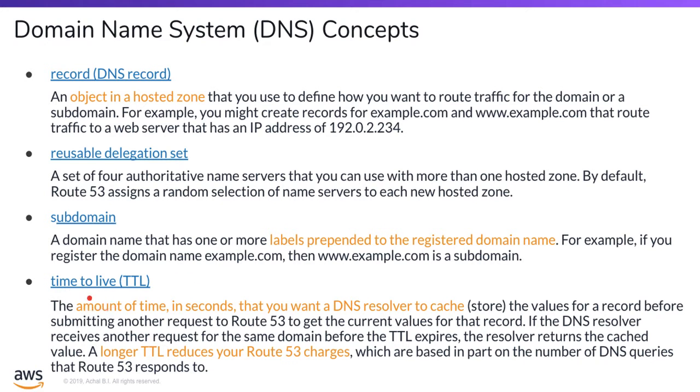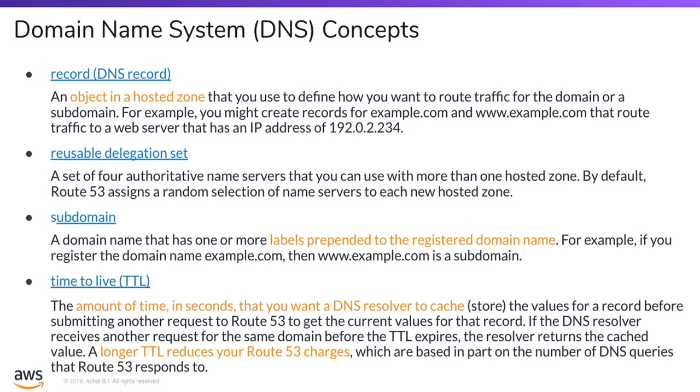Time to live is the amount of time in seconds that you want your DNS resolvers to cache. As I told earlier, the DNS resolver, which usually will be part of your ISP, would cache your domain name to IP address mapping details. You can set the cache duration in the Route 53 console.